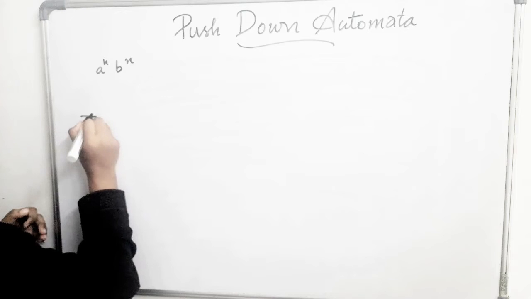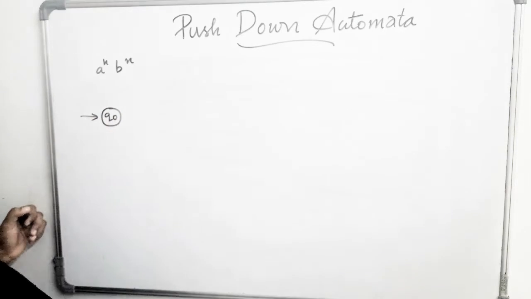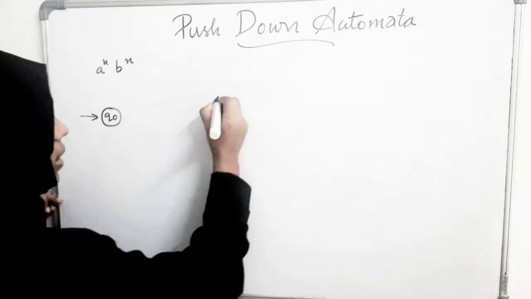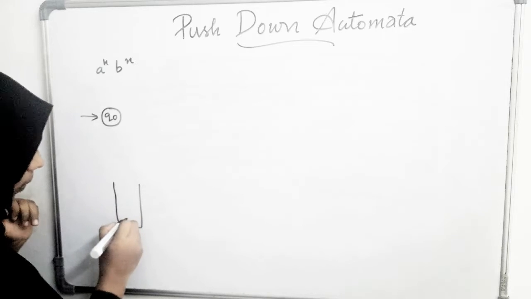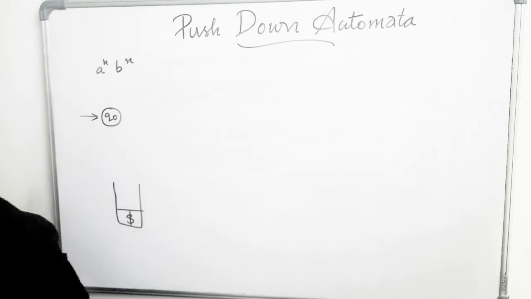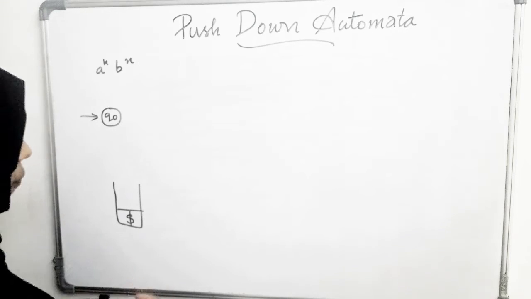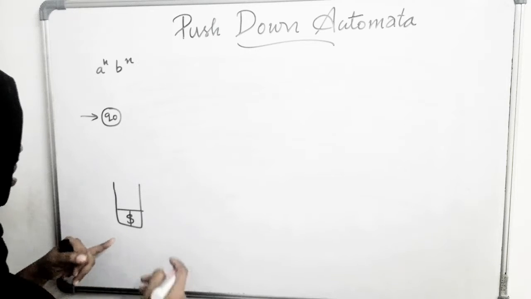So initially I'm at state Q0. When I am at Q0 and my stack contains the stack bottom marker, usually we use dollar to mark the bottom of the stack, and this is Z0. So dollar is my Z0.